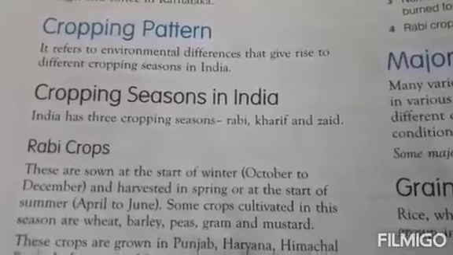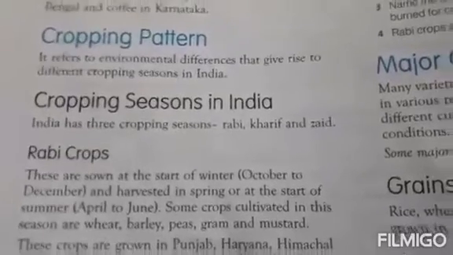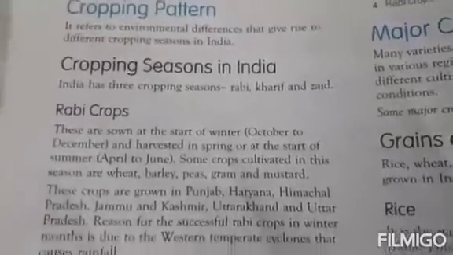Let us discuss first the Rabi crops. What are the Rabi crops? Rabi crops are sown between October to December. Number two, crops are harvested between April to June.